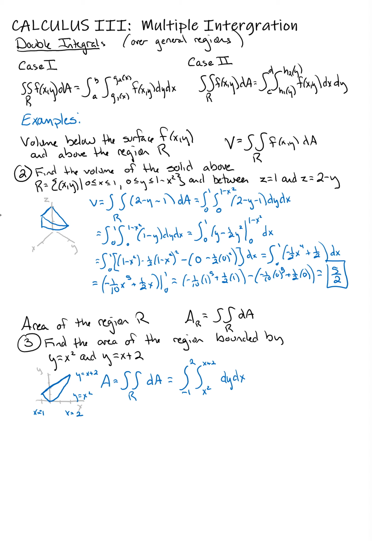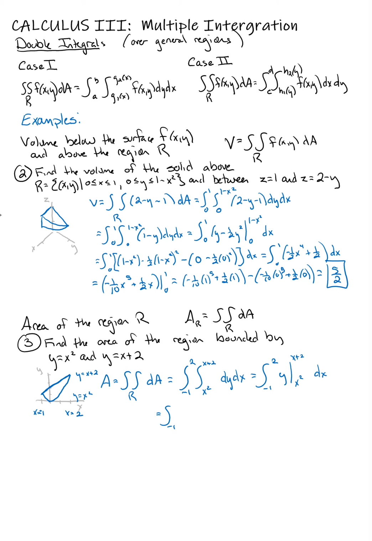All right, if we integrate with respect to y first, we end up with simply y evaluated from x squared up to x plus 2. We will then integrate with respect to x here in a bit.